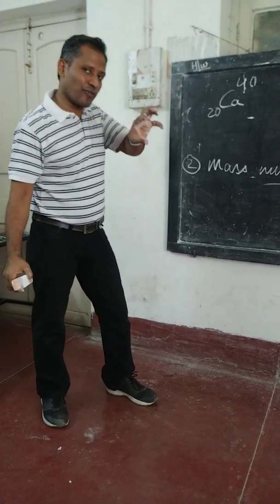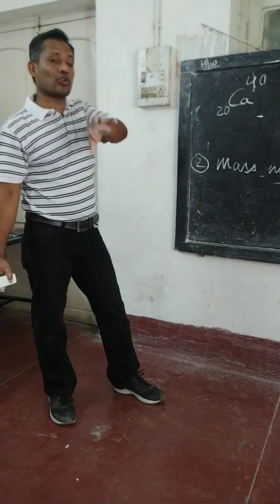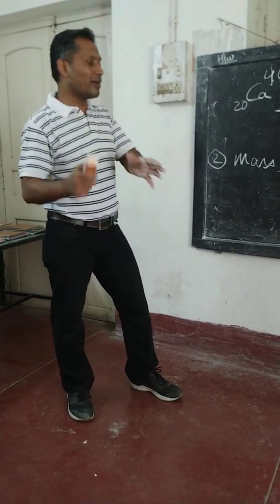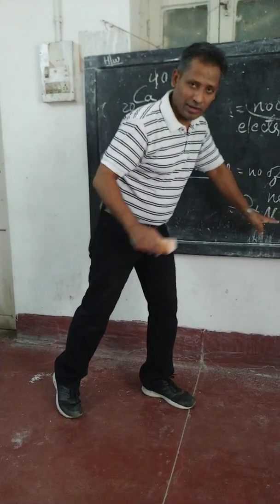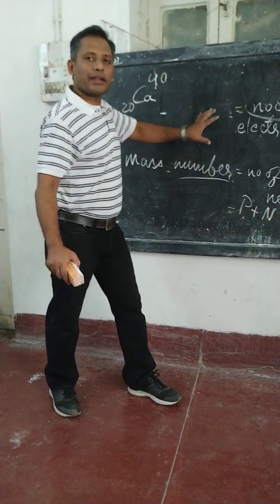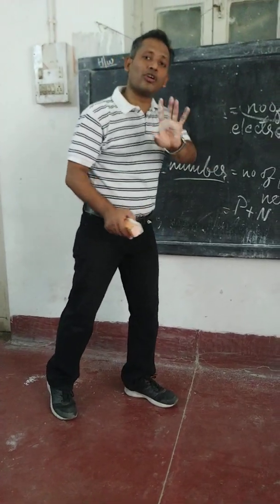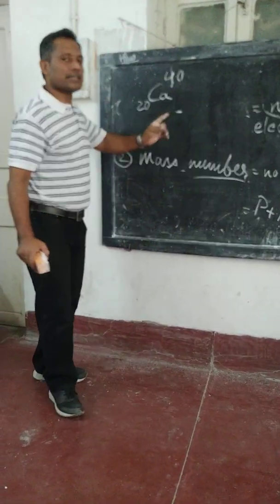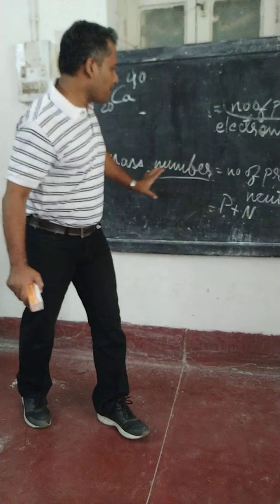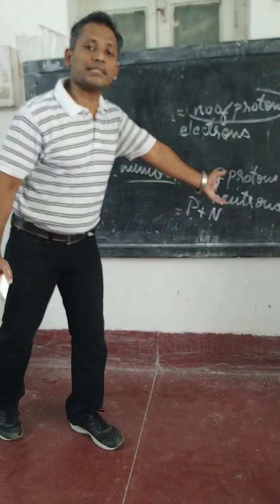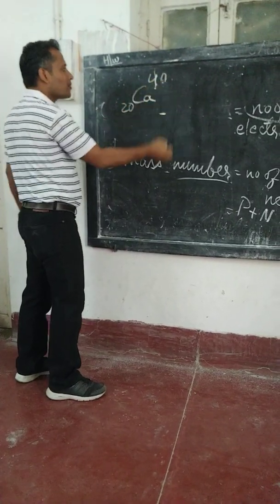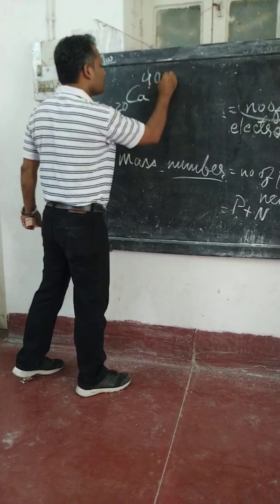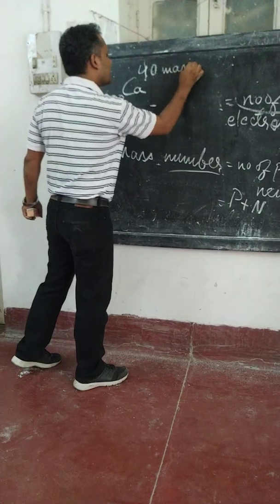Atomic number consists only of protons, while mass number consists of protons plus neutrons. So the bigger number will always be the mass number, and the atomic number will be the smaller number. So here the bigger number, 40, written on top, is your mass number.